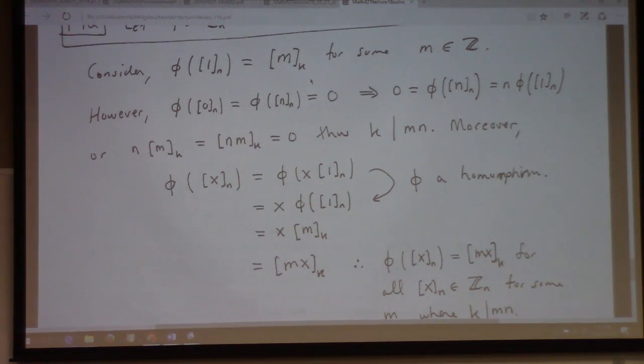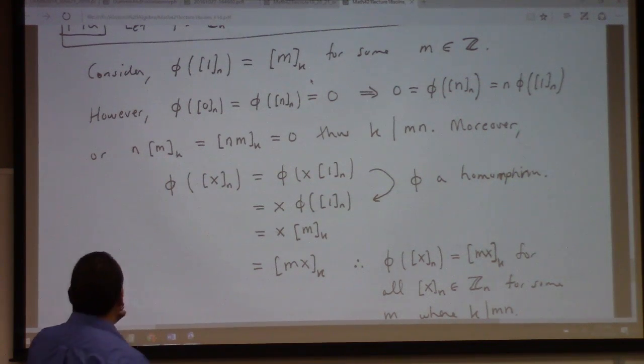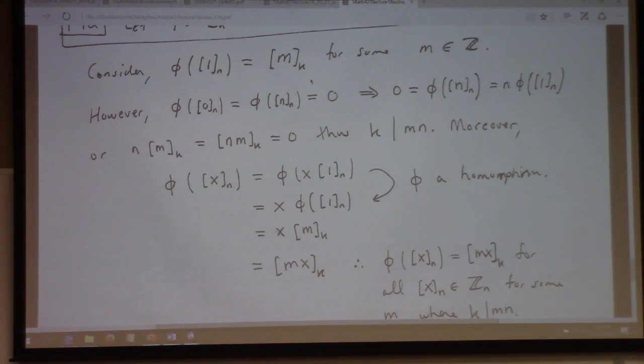Look at this argument here. Suppose that 1 maps to m. It's got to map somewhere, right? So if it maps to m, for some m, on the other hand, we also have that 0 maps to 0 because it's a homomorphism. But 0 is also n sub n, which, by the way, is n times 1. And I can pull out the n because phi of nx is n times phi of x.